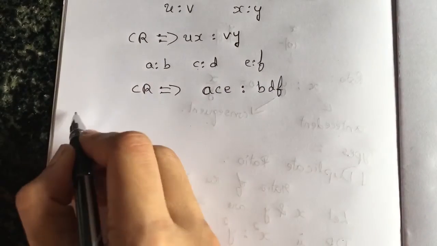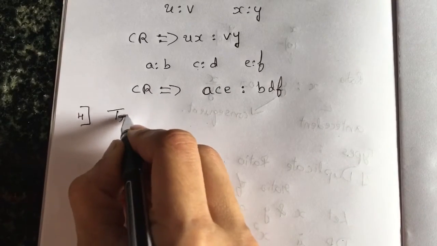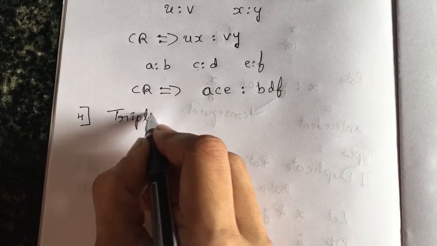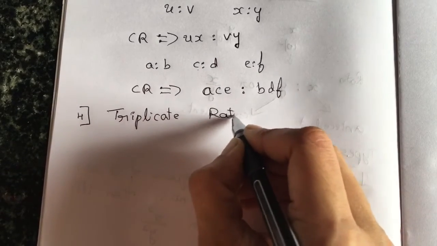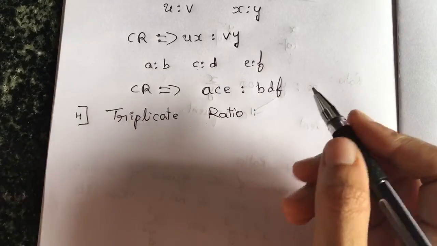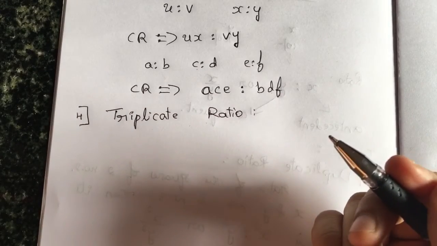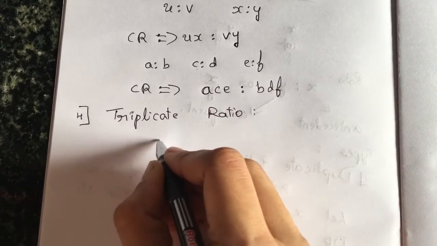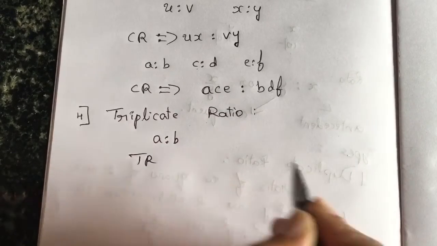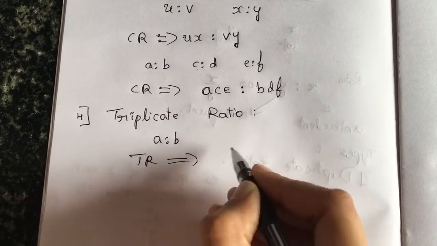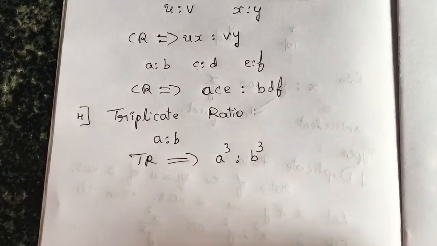Then next is triplicate ratio. It's nothing but the cube of the numbers. Suppose a is to b is given, then the triplicate ratio of a is to b is a cube is to b cube.